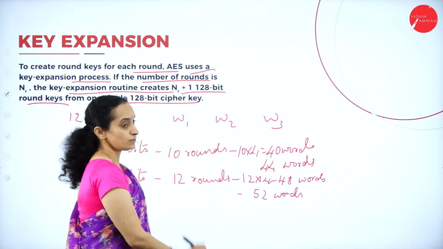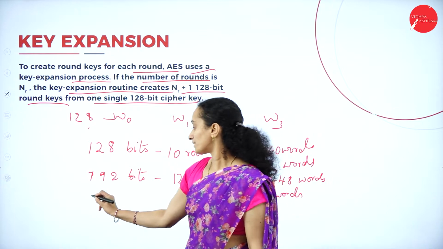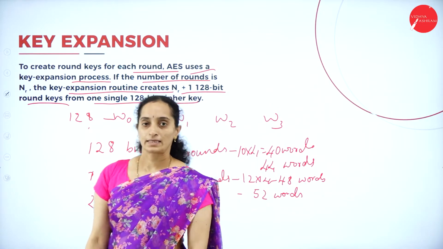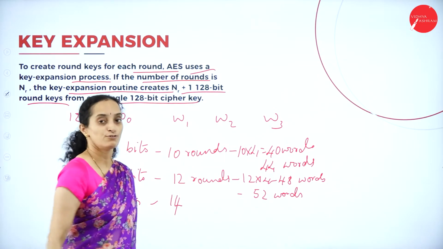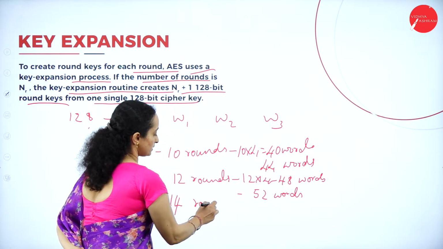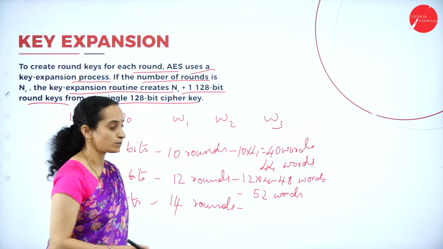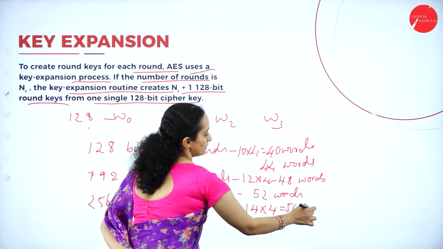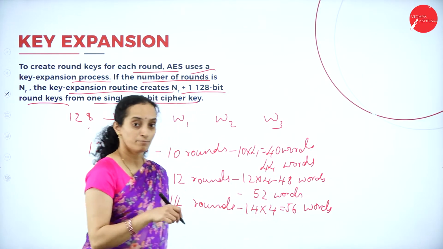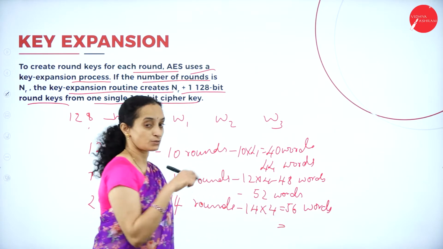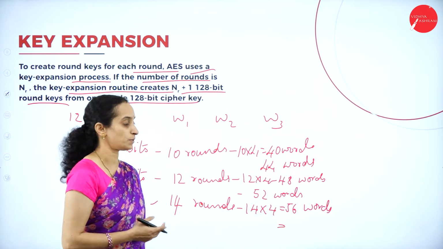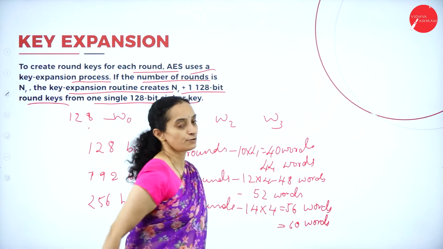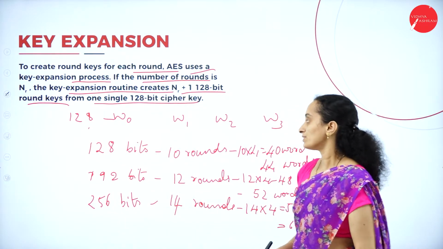Suppose it is a 256-bit key we are using, then the AES will follow 14 rounds, isn't it? 14 rounds means 14 into 4, 56 words. It must be plus 1. That means plus 1 round key means 4 extra words will be added. That means a total of 60 words will be generated from the key expansion procedure.